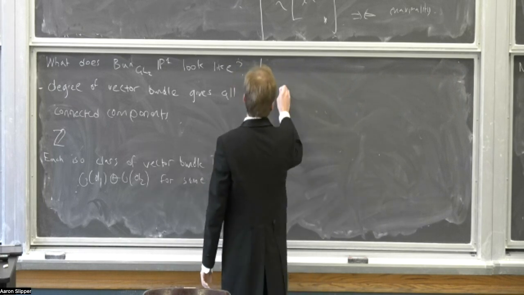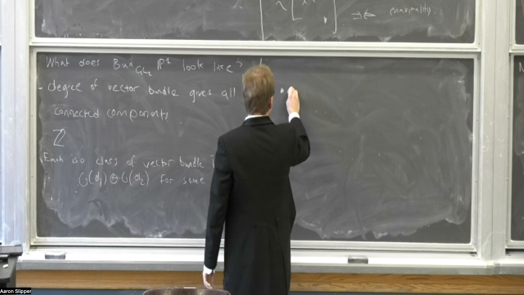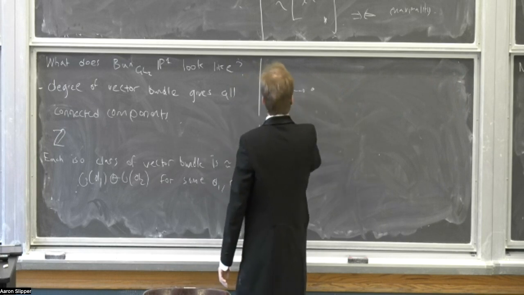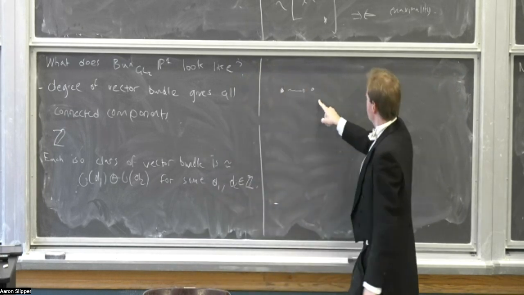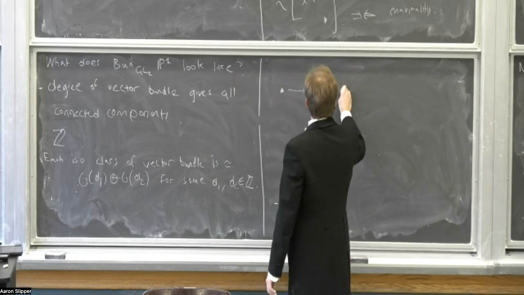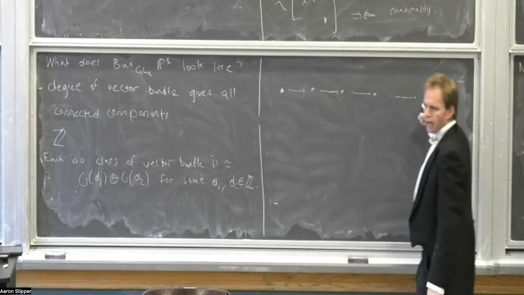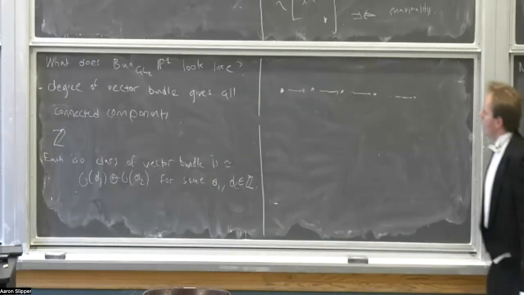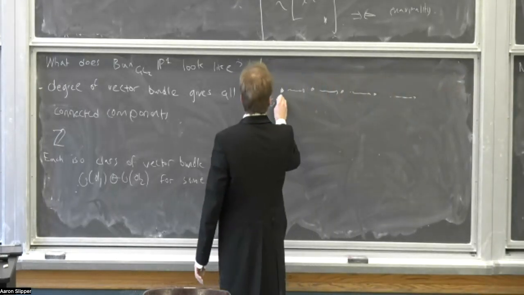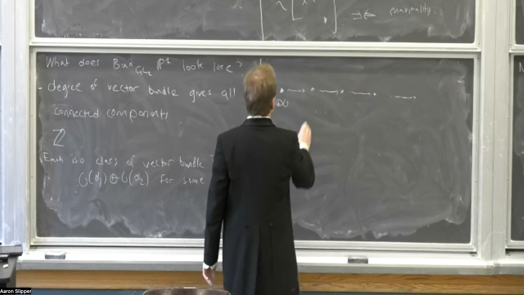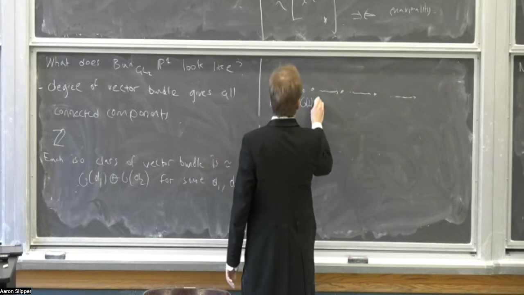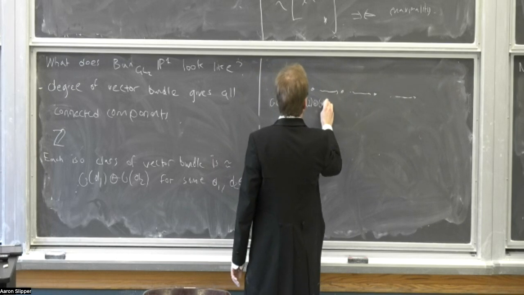So what does the actual stack itself look like? You'll have a point, which is a big open point. And it will specialize to another point, and this will specialize to another point, and this will specialize to another point, in these sort of open strings, a bit like Russian dolls. And this point right here is the one corresponding to, say, O plus O. This one right here corresponds to O(1) plus O(minus 1).